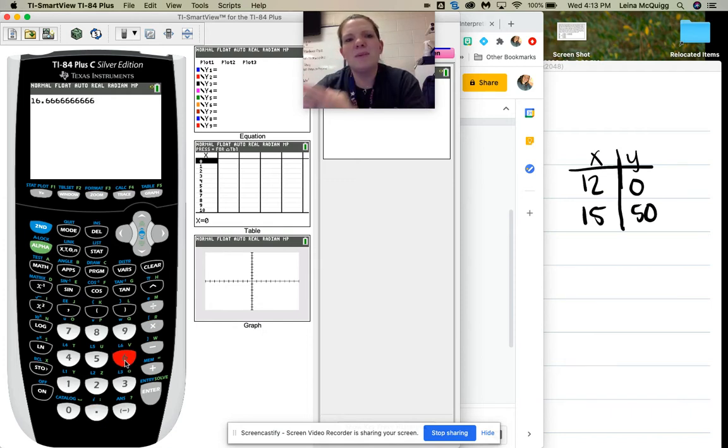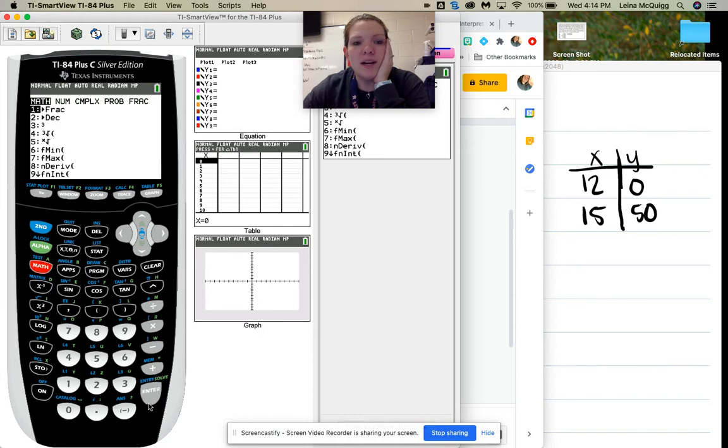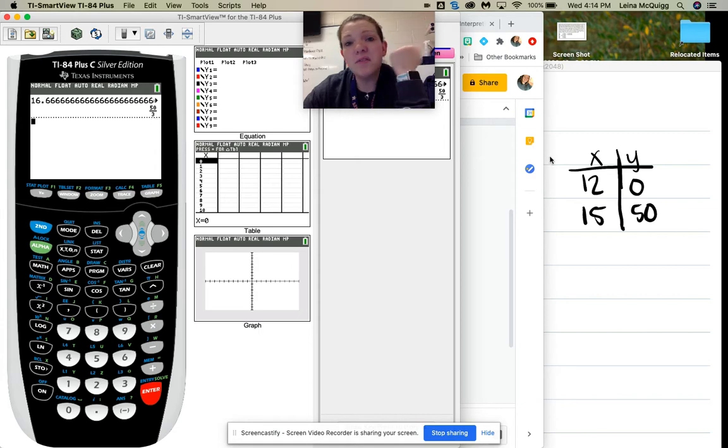The 7 at the end just means that the 6 is going to keep going forever and ever, right? I'm going to turn it into a fraction, because we like our slope to be in rise over run. That makes it easy when it's a fraction. So I'm going to do math, enter, and it gives me my slope. My slope is 50 over 3.